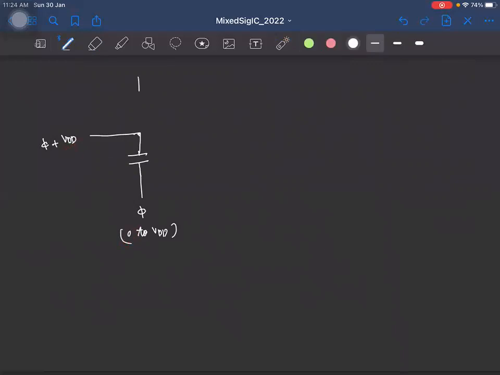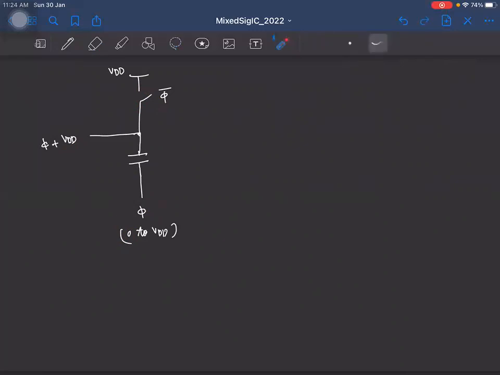So when phi is 0, we can simply charge this capacitor to VDD, right? So this has to be clocked by phi bar, right? Only then when phi is 0, the switch will turn on and this will be equal to VDD, right? And when the switch turns off, phi will be equal to VDD. And since the capacitor was charged to VDD in the earlier phase, the output will become 2 VDD, right?